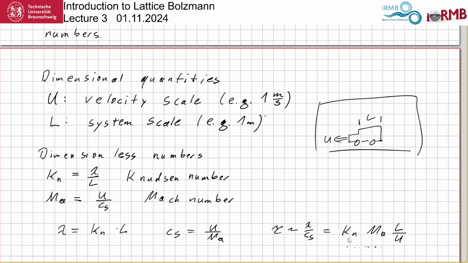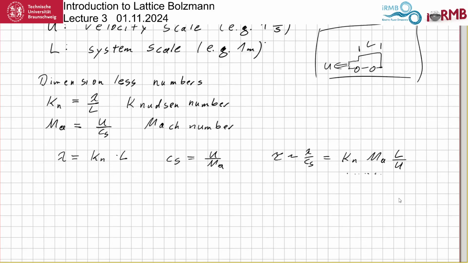So it's somewhere hidden here. You can always rearrange things with dimensionless numbers. So the Reynolds number is already on the page, but you may not see it right now. Okay, but we'll come to it.